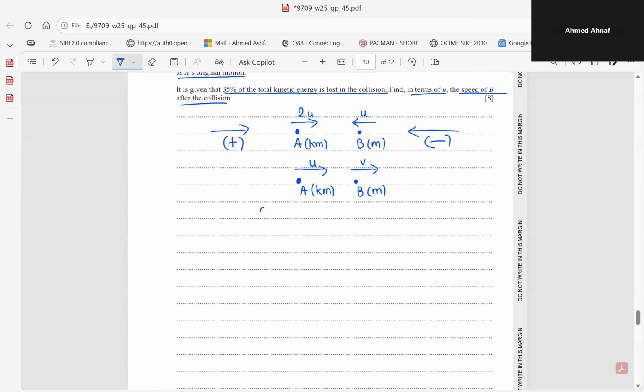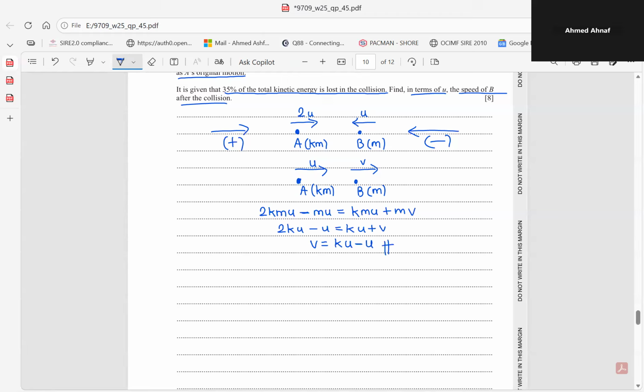Therefore, 2kmu, that's positive, minus mu, that's before, equals kmu plus mv. Now let's cancel out the m's. So you get 2ku minus u equals ku plus v. And then v is just going to be ku minus u.